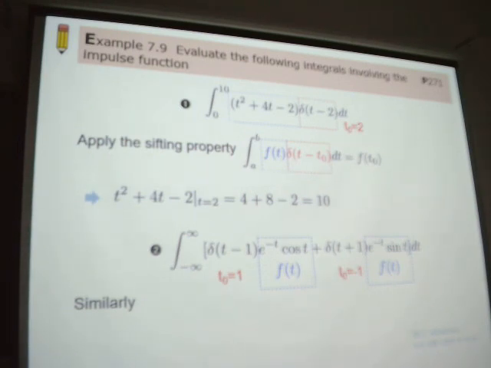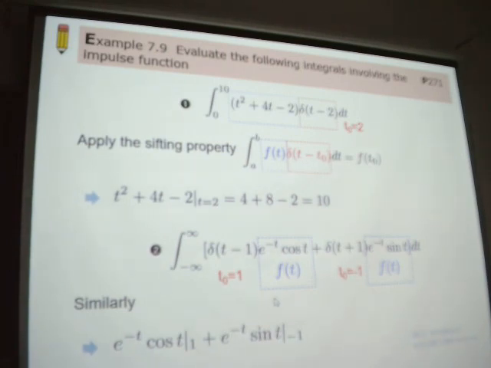Here I use the blue block to point out f(t). The first part should be f(t0) with t0 equal to 1, so f(1), and the second part should be f(-1).